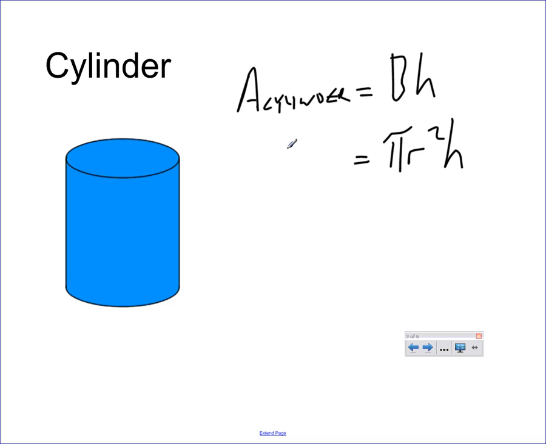I said area of the cylinder, but really I'm talking about volume, aren't I? So hopefully you fix that as you go. So the volume of a cylinder is pi r squared h, where h is the height.